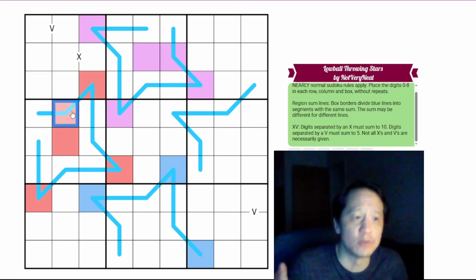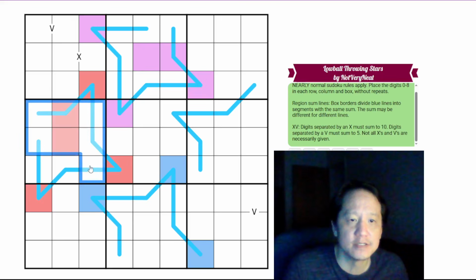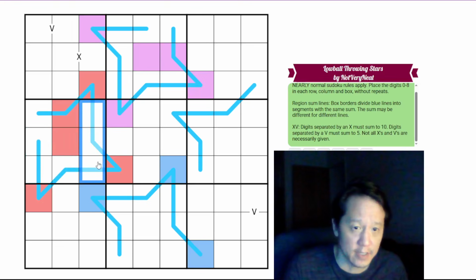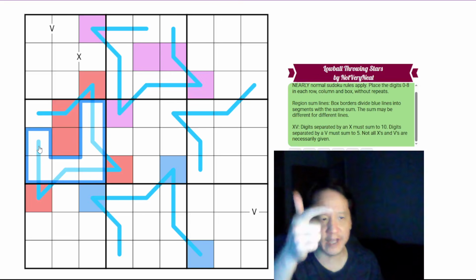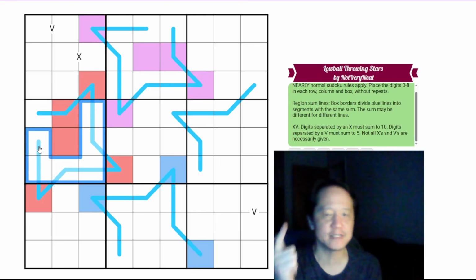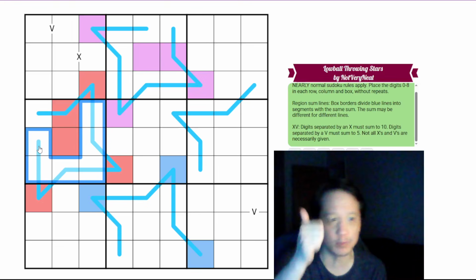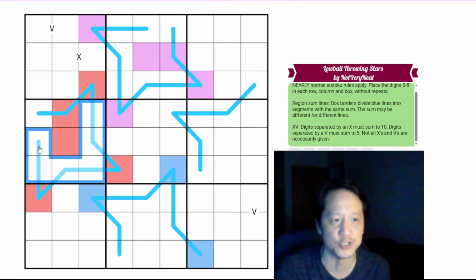Where is 0 going to be in this left central box? Well, if it's on these cells, the problem with that is that digit plus the red digit must equal the red digit, right? 0 plus a red is the red digit.